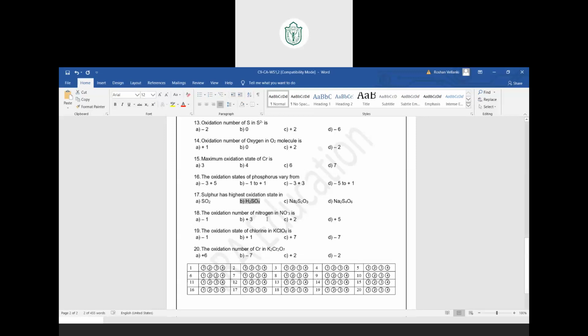Next, oxidation number of chromium in K2Cr2O7, potassium dichromate. Abhiram is saying plus 6, okay?